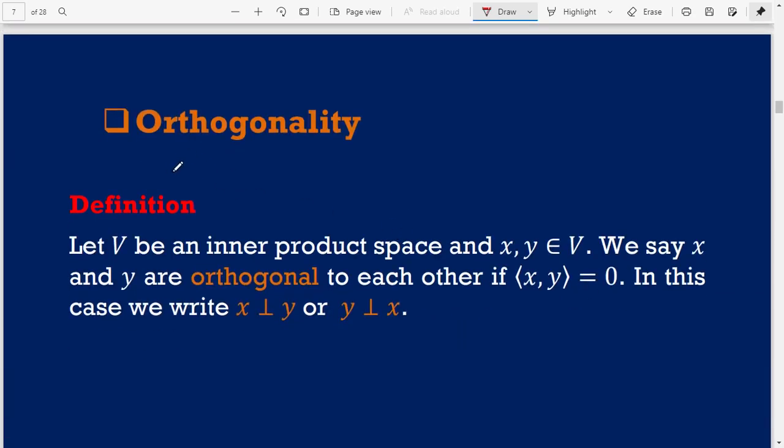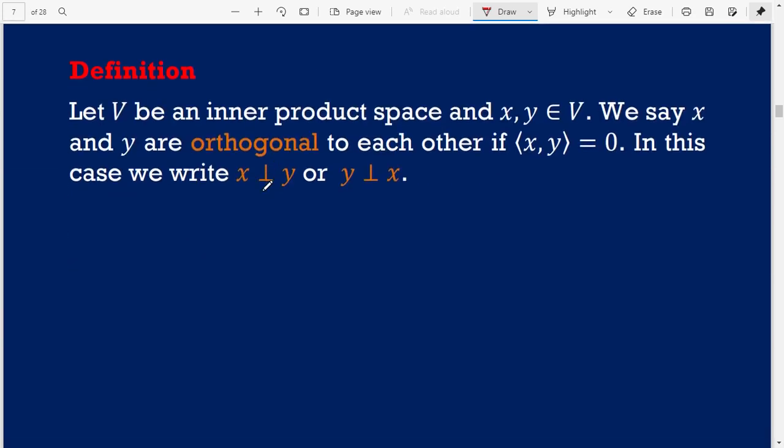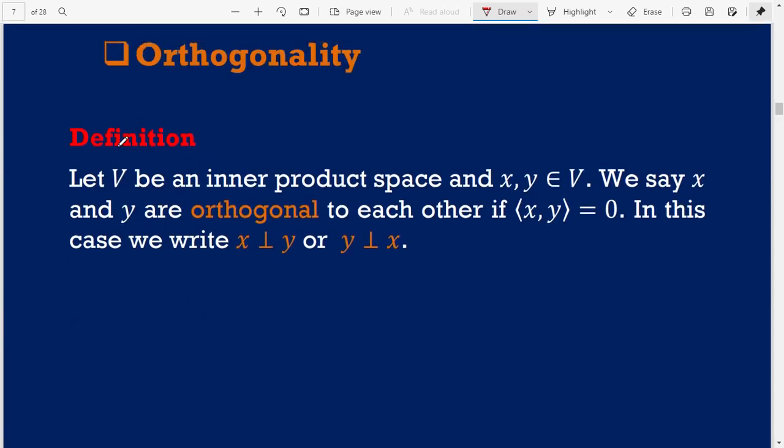Now orthogonality definition. Here we see the definition of orthogonal to each other. We say x and y are orthogonal to each other if inner product x with y is equal to 0.